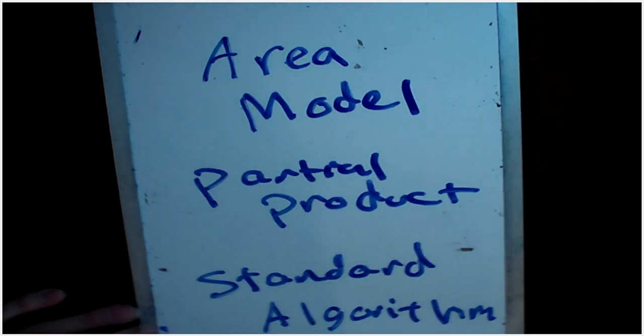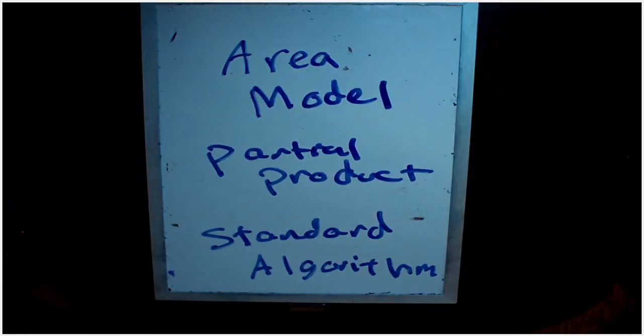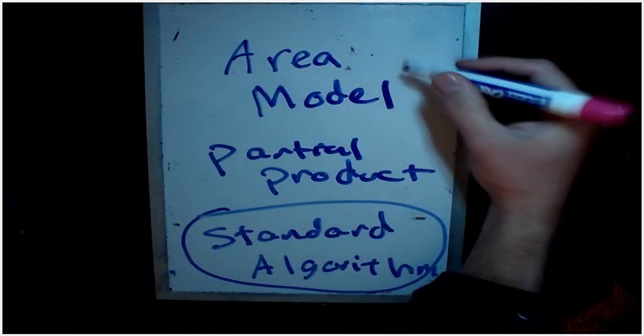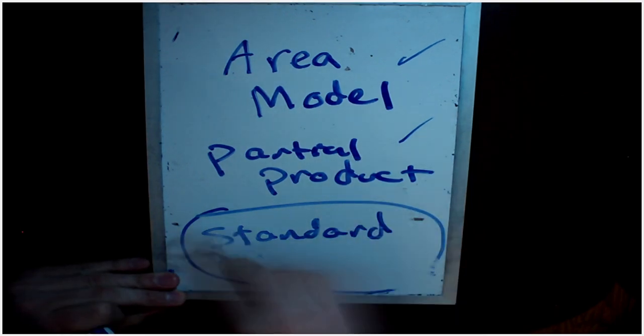Each of these will give you the same answer if done correctly and are all tools to add to your toolbox as a mathematician. If you're really confused with the standard algorithm, you can always fall back on area model or partial products. But let's go with a new method since you're doing so well, to help you be very efficient with your multiplication.